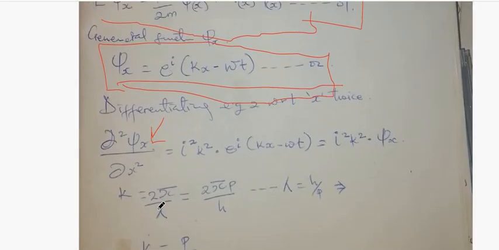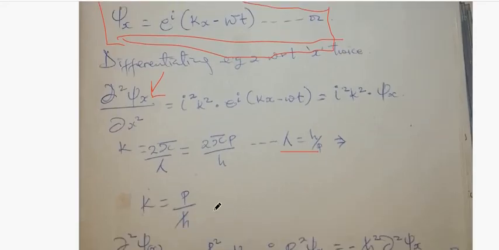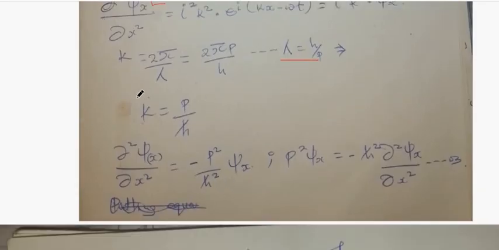Then continuing, we know that k is equal to 2 pi all over lambda, which is equal to 2 pi p all over h, where lambda is equal to Planck's constant all over momentum. So from the Schrödinger time-dependent, we know that k can also be written in this manner: k being momentum all over h bar.